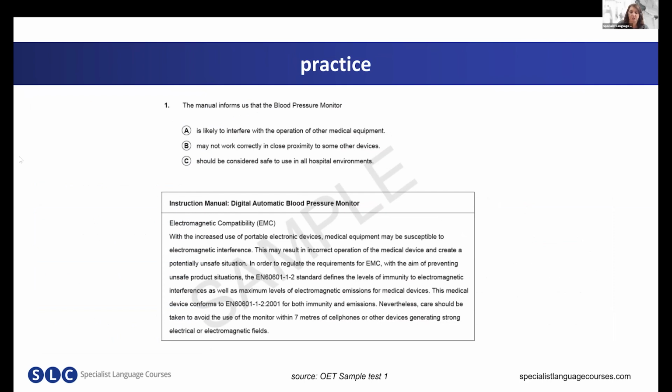So going back to our steps, the first thing we need to do is look at the question and understand the question. Here we can see that we're looking at a manual, and the manual is for a blood pressure monitor. Then we look at the options and underline our keywords.